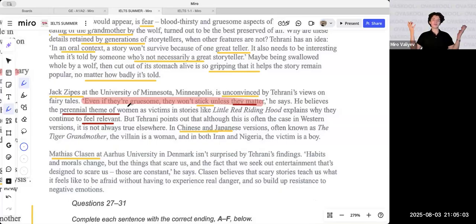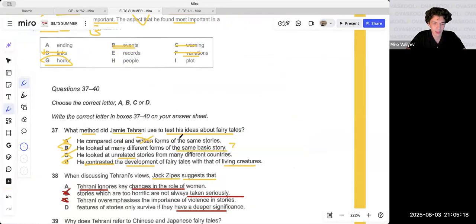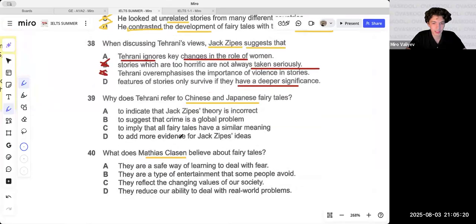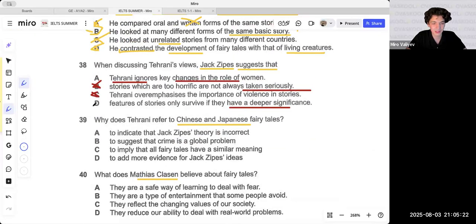So some stories are very terrific, but they won't stick unless they matter. So we need something significant, something with deeper meaning, right? And if we have deeper meaning, then the stories would matter as well. So that's what the guy said. That's why we can choose D.